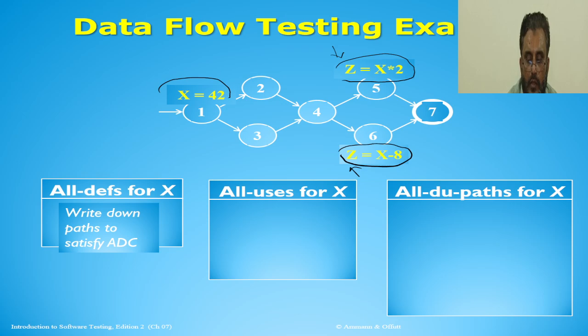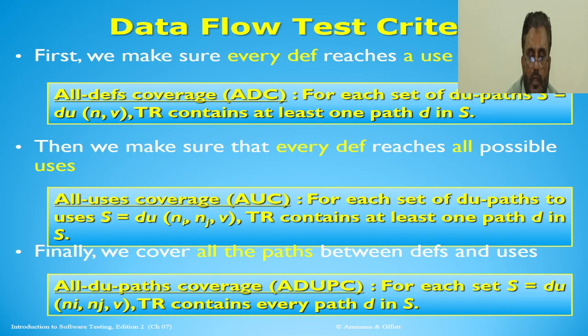So in the all defs coverage, we said we just considered a node where a variable is defined, and since we want to cover the def, we are interested in all those du-paths which can be retrieved by this function that start at node ni with respect to variable v. But if we take only one path, then that will be enough to achieve all defs coverage.